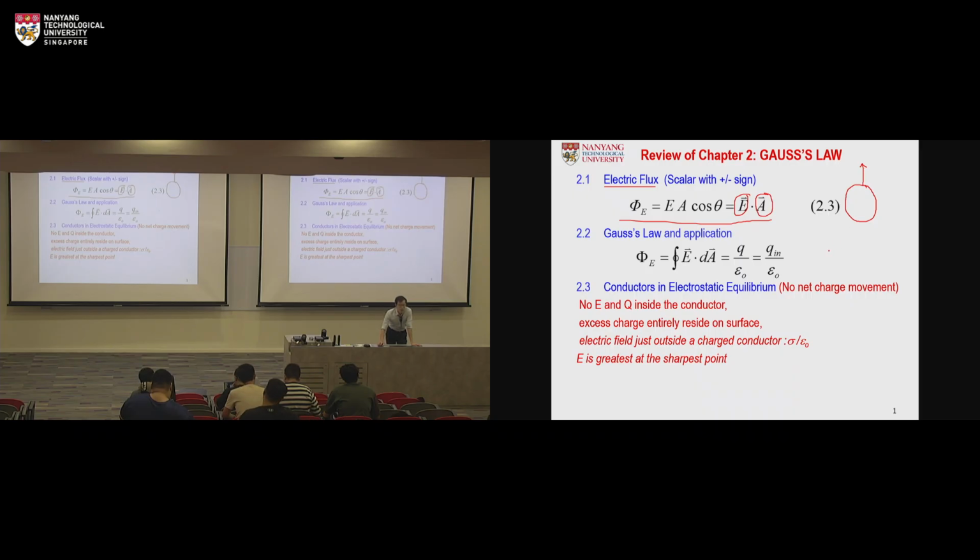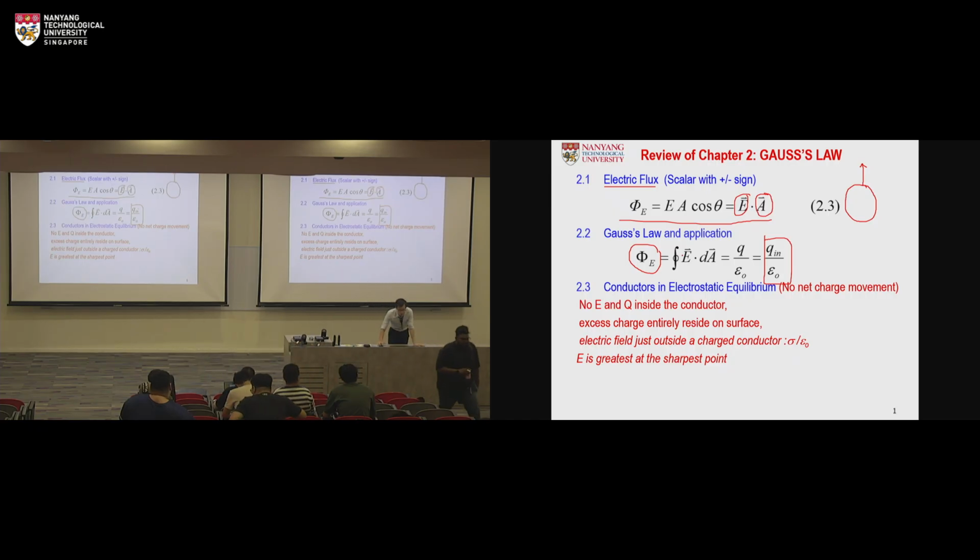And this is step 1. Then step 2, the Gauss's law will tell you for any closed surface, the total flux through this entire closed surface equals the ratio between Q in and epsilon naught, which is a constant. And this Q in is just the total charge inside the closed surface.